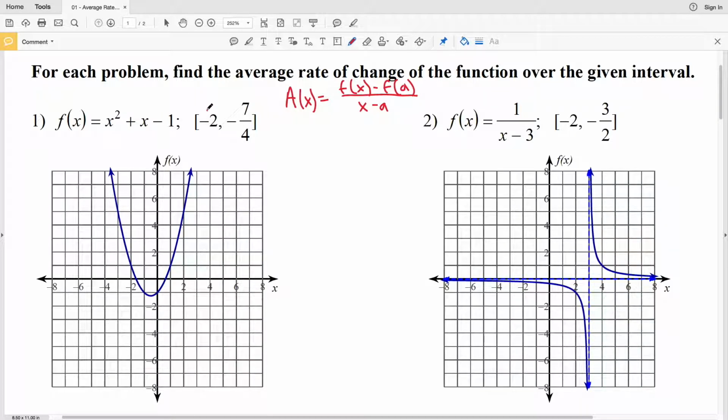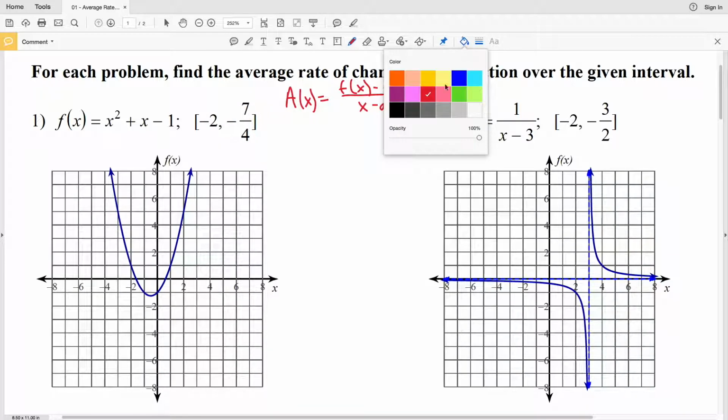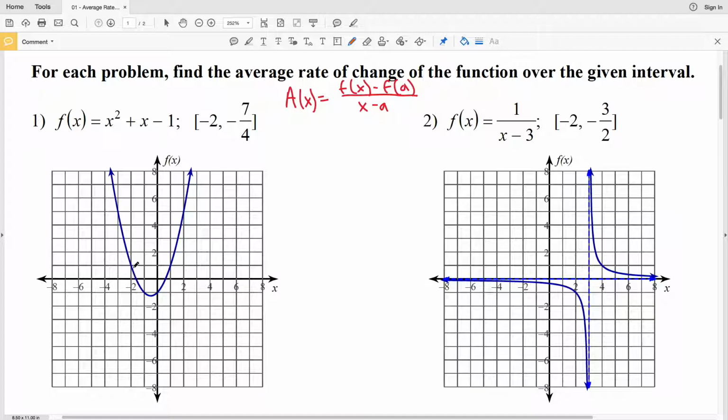So in number 1, it gives us -2 and -7/4. So let's find where those are at. -2 falls approximately here, and -7/4 is -1 and 1/4, which falls approximately here. So we're finding f of x minus f of a, so the change in y, over the change in x.